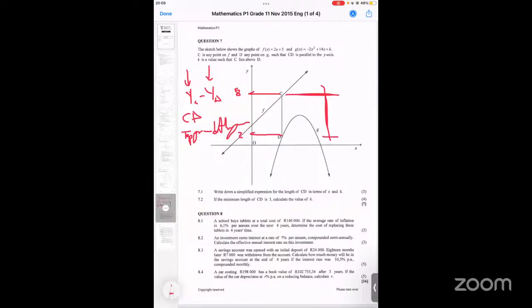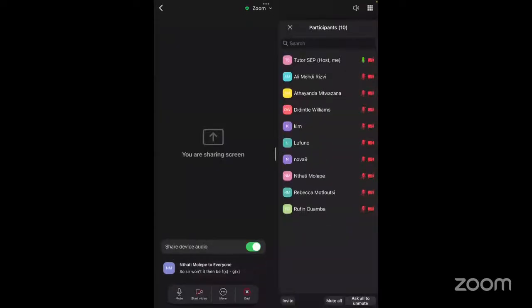So it's a doable but tricky question. I'm not sure if you guys understand what I'm saying there. Not an easy one, but do you understand what I'm trying to explain there?